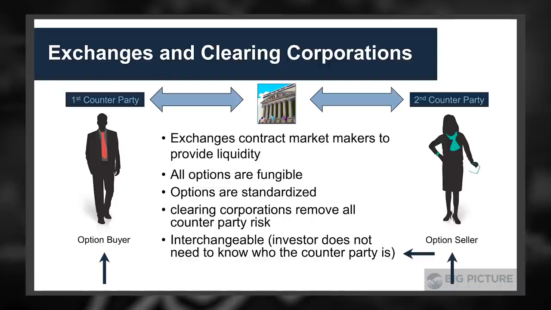And one of the reasons for that is because not only is it standardized and fungible, but the clearing corporations remove all counterparty risk. They actually guarantee that you will settle what your options contract is guaranteeing you. The clearing corporations ensure that their clients on the other side have sufficient margins, sufficient securities, all of that. It's not your problem.